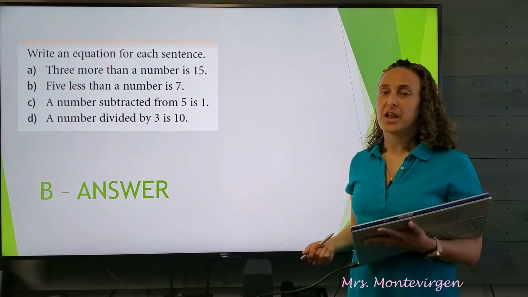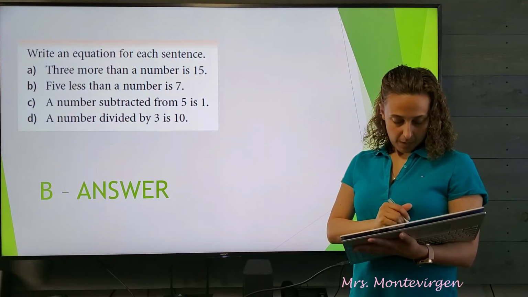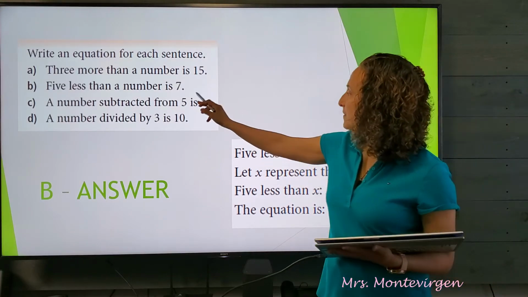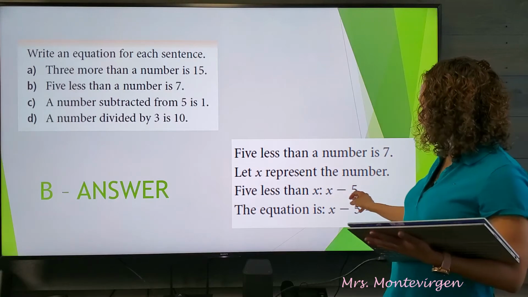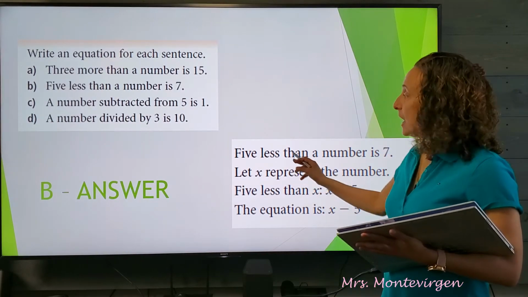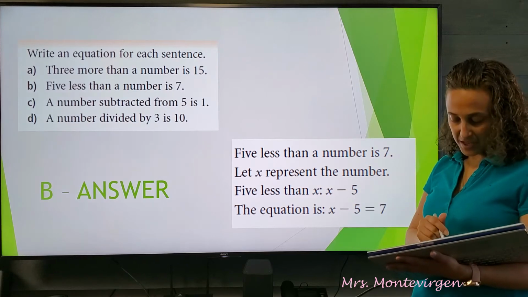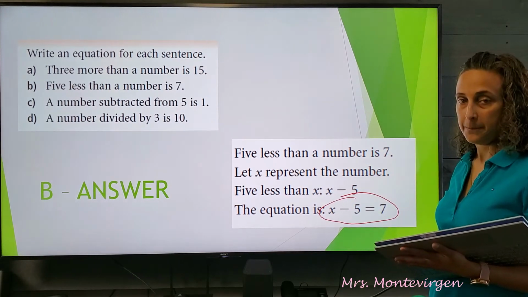So hopefully you're not forgetting what that lesson is. Okay, let's go through the answer. So if I go 5 less than a number, here is that part of the expression, x minus 5. Now the new part is equals 7, and that's what we put at the end here. So I have here, x take away 5 equals 7.